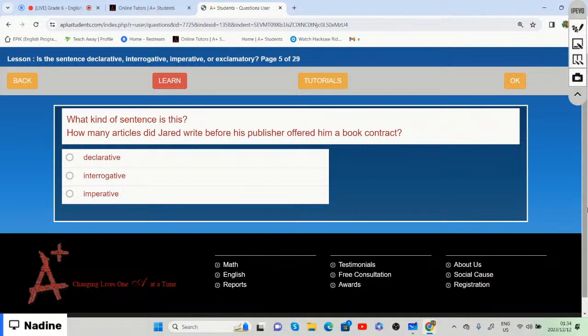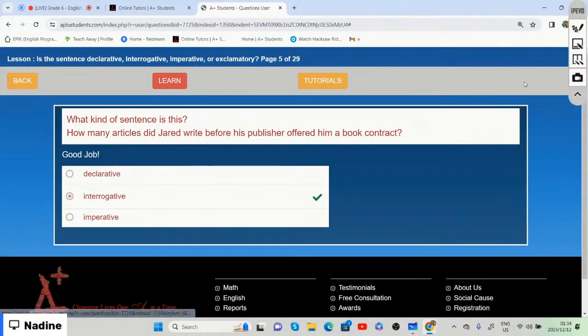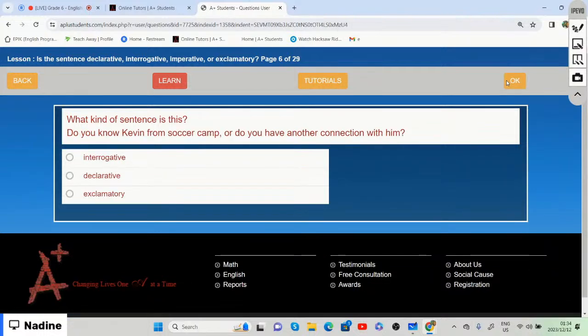Is this a declarative sentence, an interrogative sentence, or an imperative sentence? All right, if we look at the punctuation mark, it is a question mark. And if it's a question mark, then we know it is an interrogative sentence.